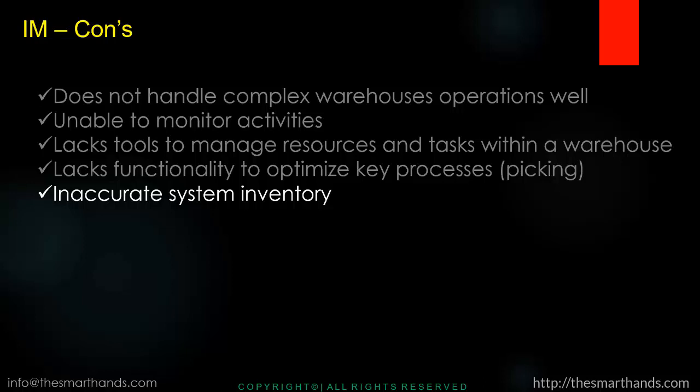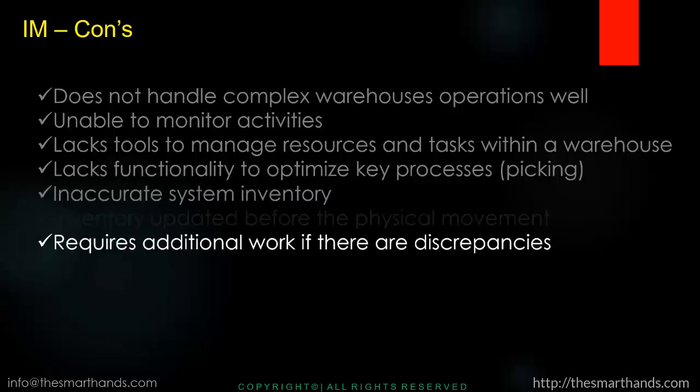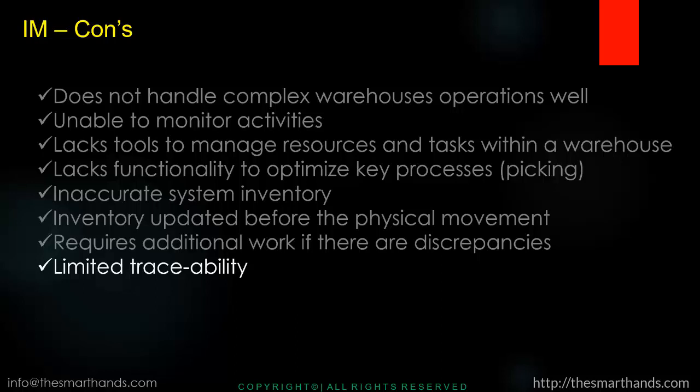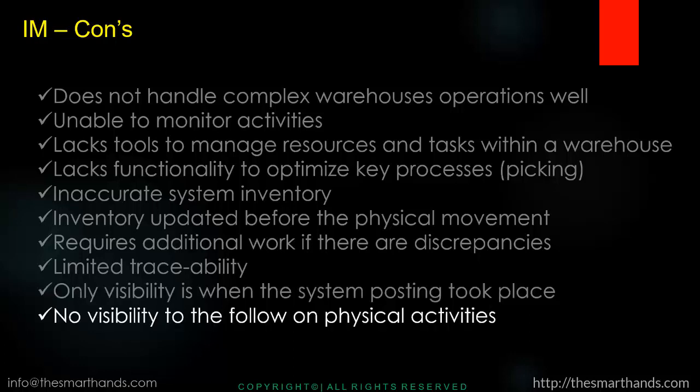Inaccurate system inventory, as inventory is updated before the physical movement. Requires additional work if there are discrepancies, and limited traceability. Also the only visibility is when the system posting took place. No visibility to the follow-on physical activity.